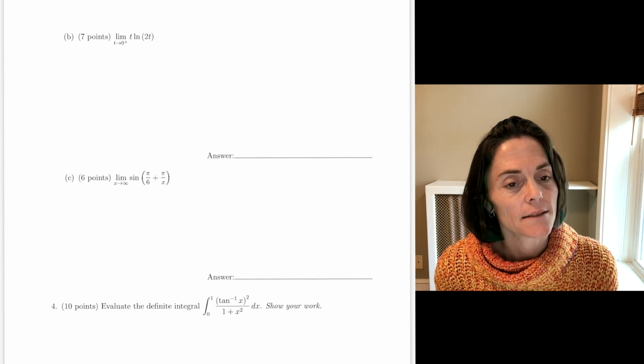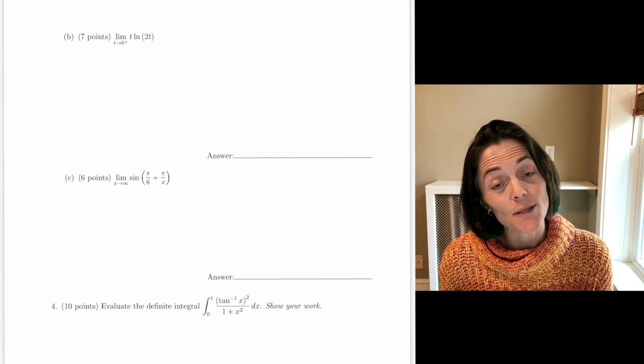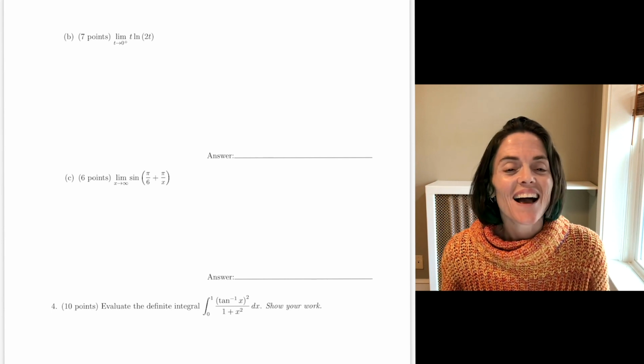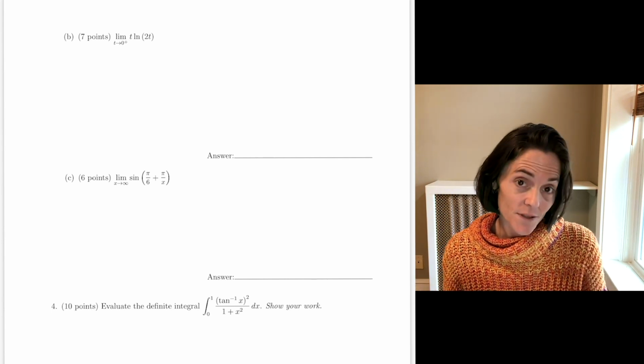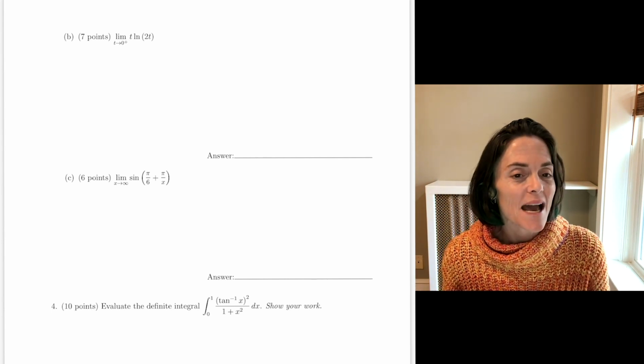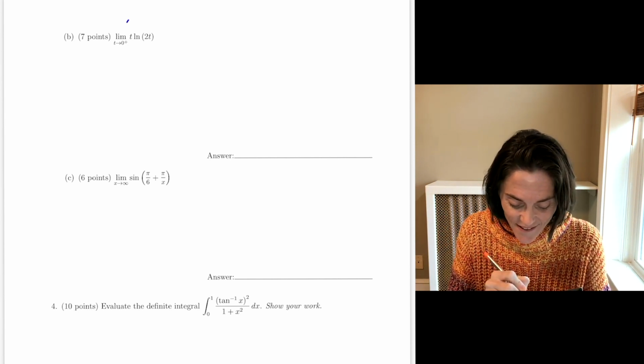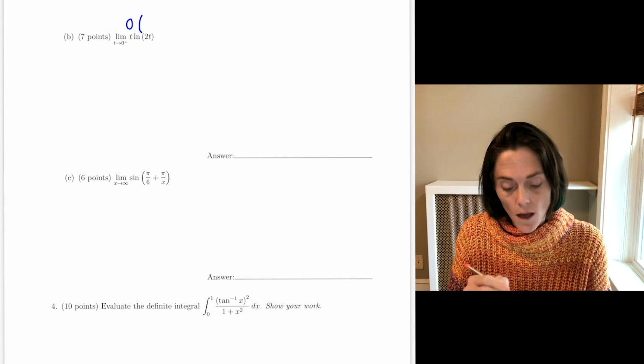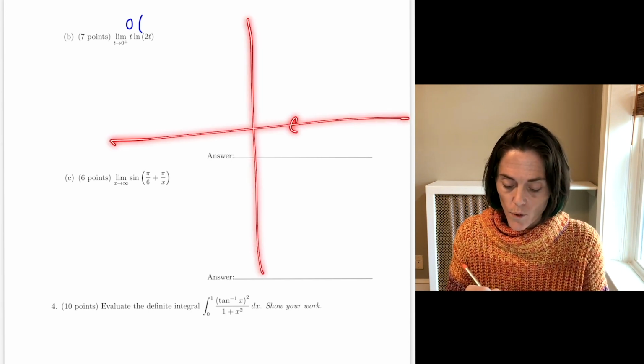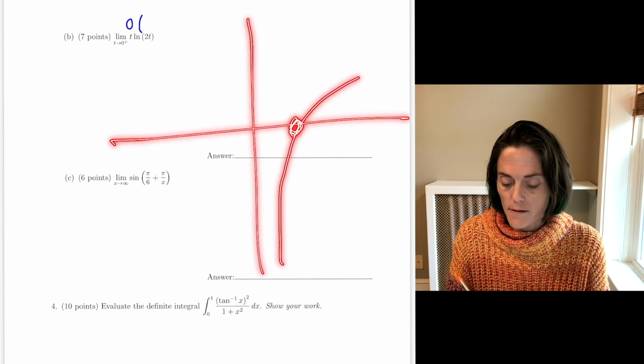Next question. We want a limit as t approaches 0 on the right of t times ln of 2t. So we have to think about what's happening here. T is approaching 0. Natural log goes through the point 1, 0 and looks like this.